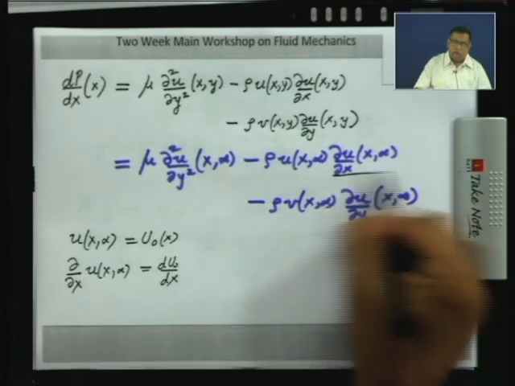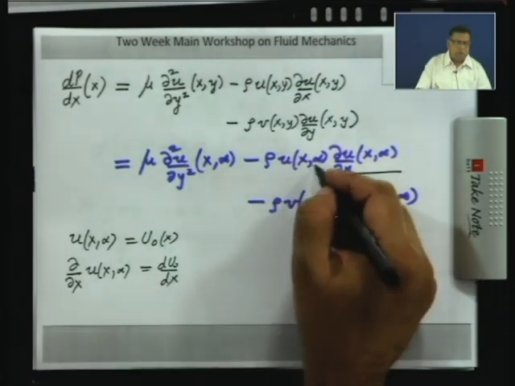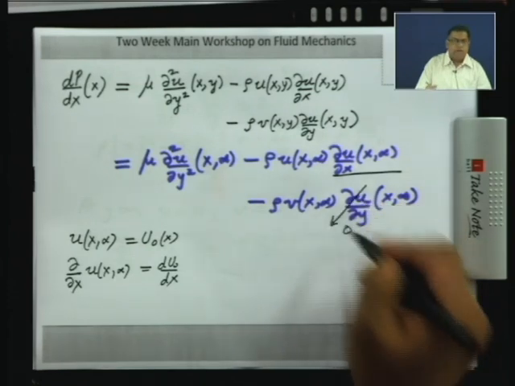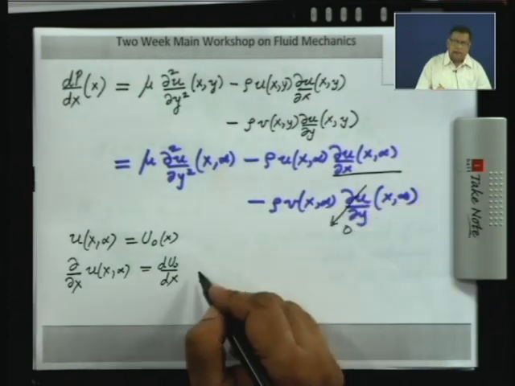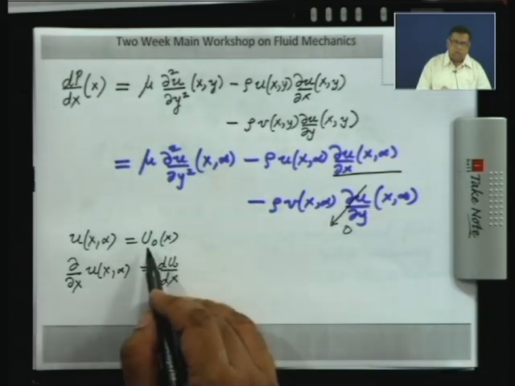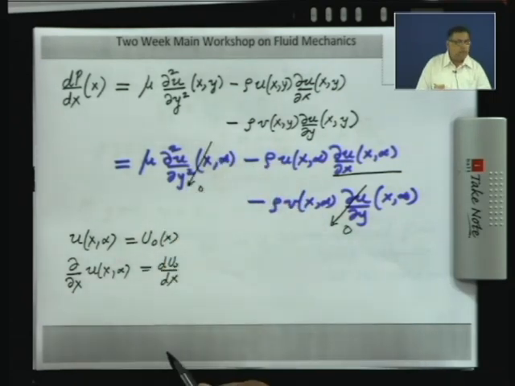So, this term is known, it is du0 dx, and this term is u0, and as we discussed yesterday, this term is 0 because it is an asymptotic condition that as y goes to infinity, u is asymptotically approaching u0 of x. So, the slope and the curvature are all going to go to 0.